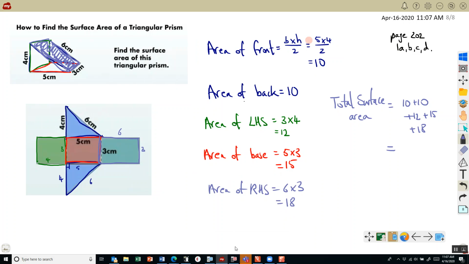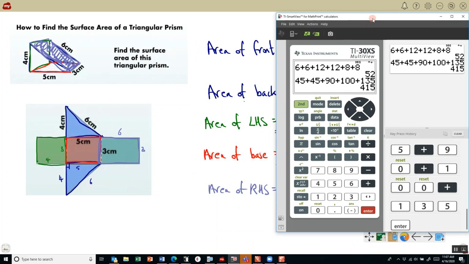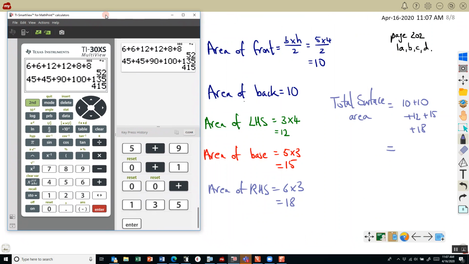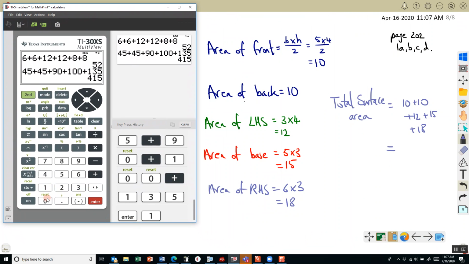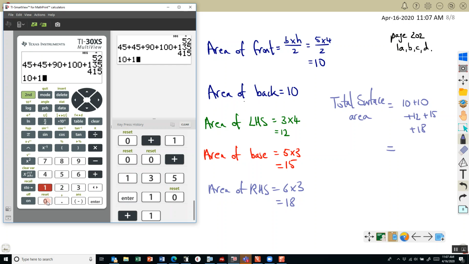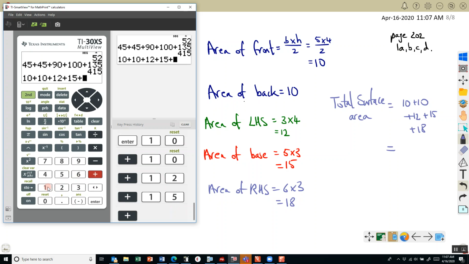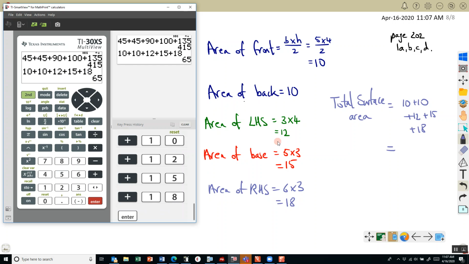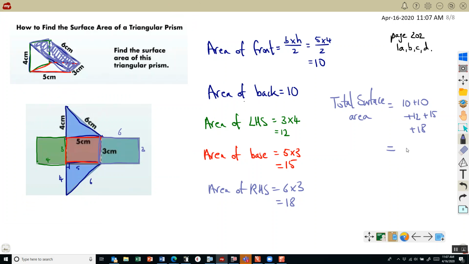Not this calculator, because it doesn't seem to be working. Put this over here. So 10 plus 10 plus 12 plus 15 plus 18, and we get 65. And it's area, so it's centimeters squared.